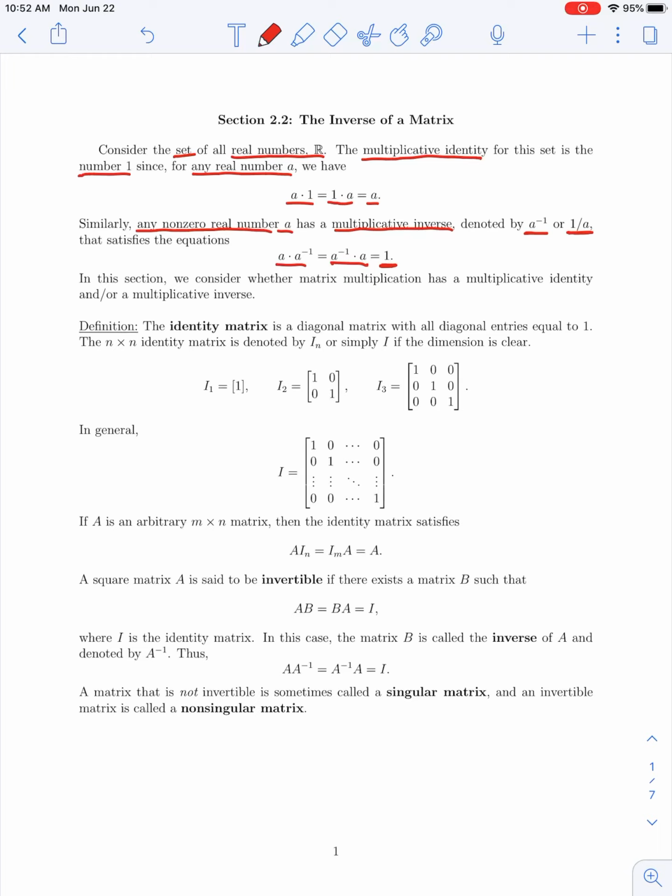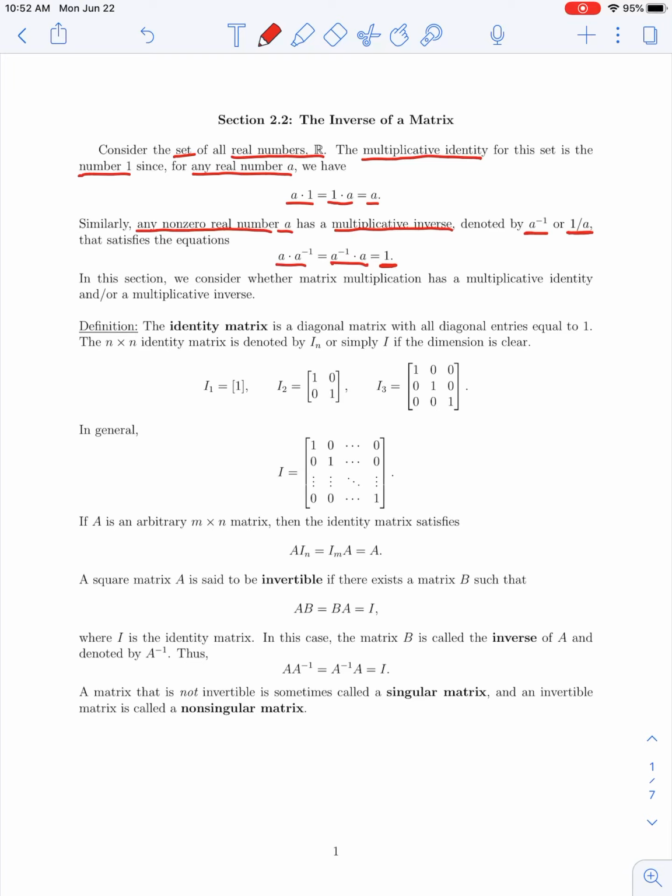That is, I have some number which I'm able to multiply a given number by, which will take me back to the multiplicative identity element. So for instance, the inverse of, say, 4 would be 1/4. It's the number that I multiply by to take me back to that multiplicative identity, which in this case is 1.